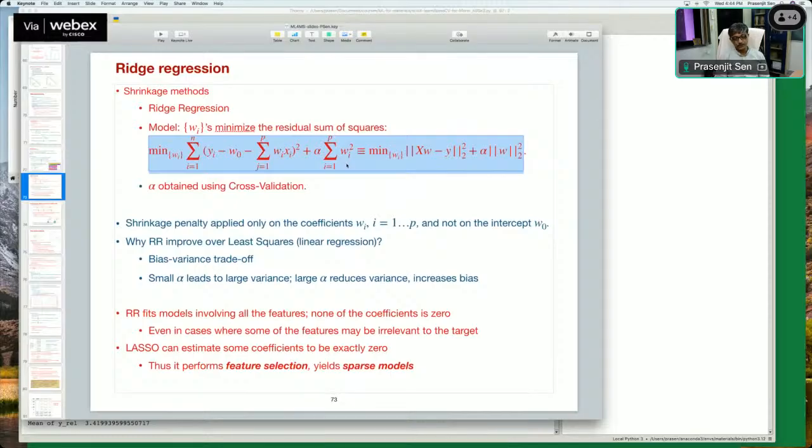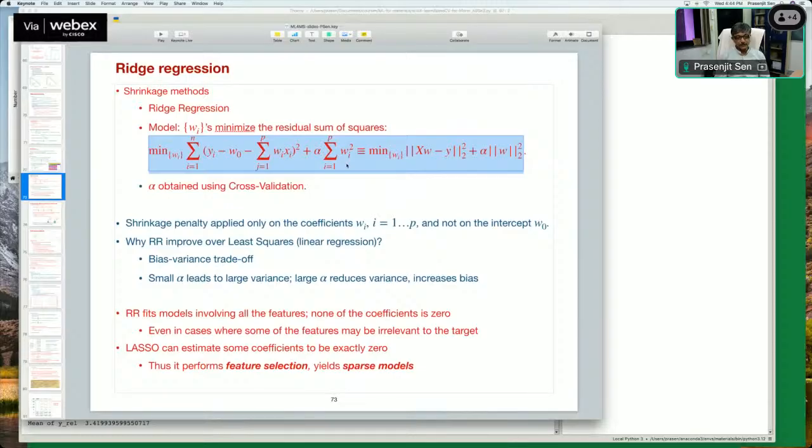So your coefficients will change significantly. But as you increase alpha, that variance reduces. It increases bias somewhat, but still overall there is a gain in terms of bias and variance, so you get better predictions.